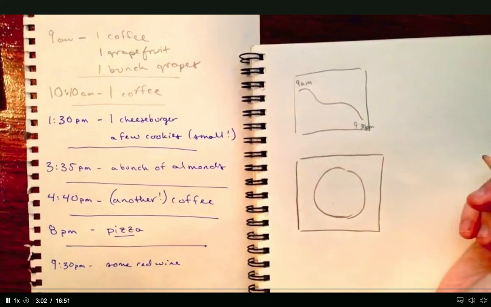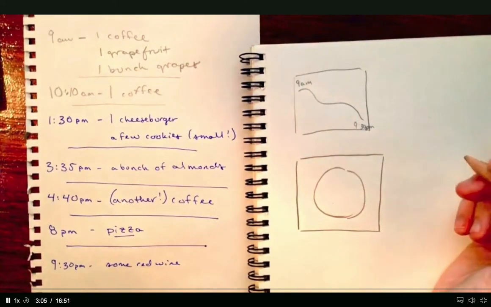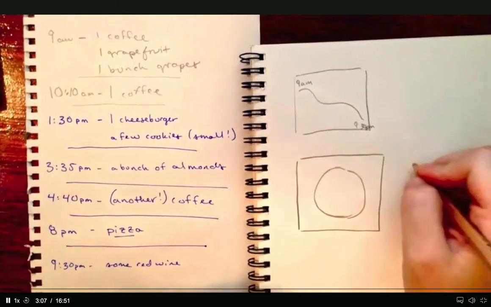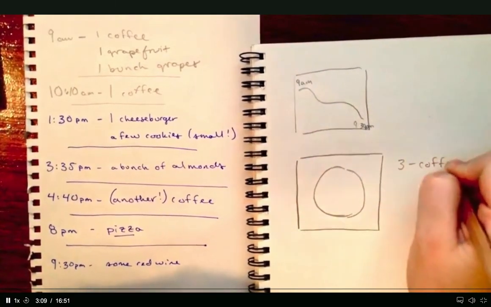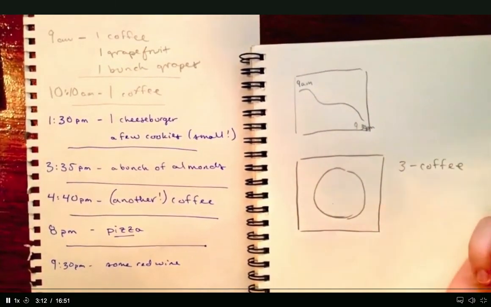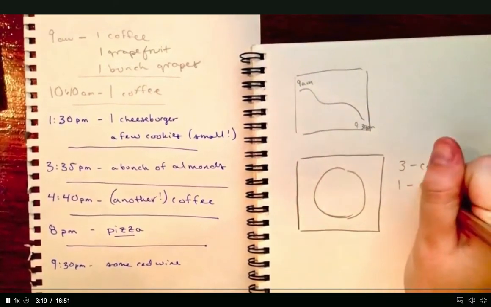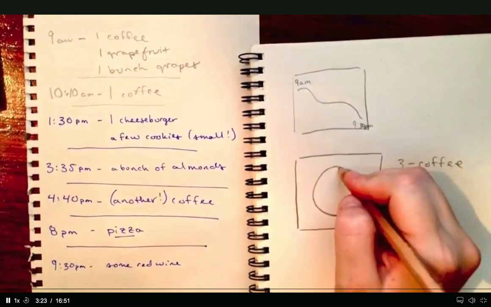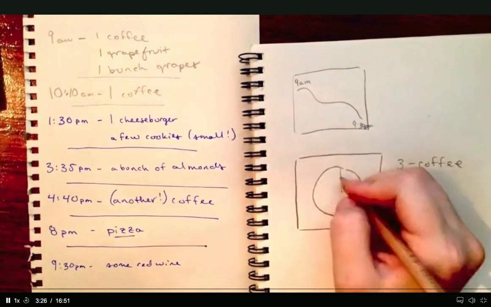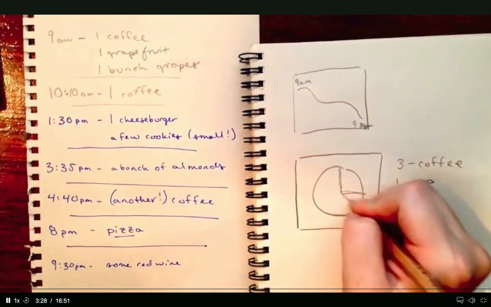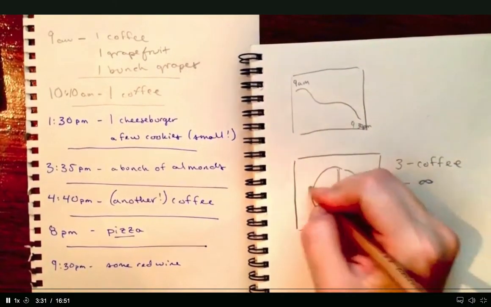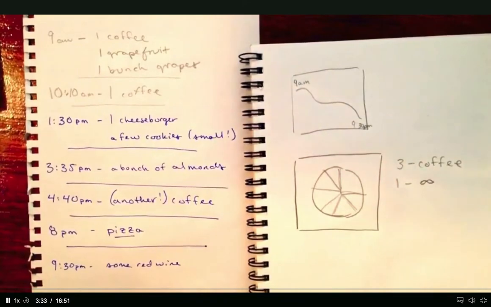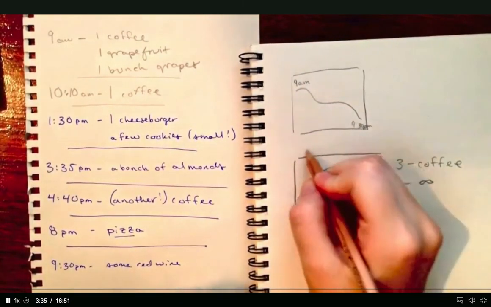Apparently I had coffee several times that day. I had 3 cups of coffee, so 3 coffee. Everything else was 1, so we have 1 of everything else. We'll just make a little note for ourselves for later. So essentially you're going to be left with a big pie piece for the coffee, and then single pieces for the rest of the food.